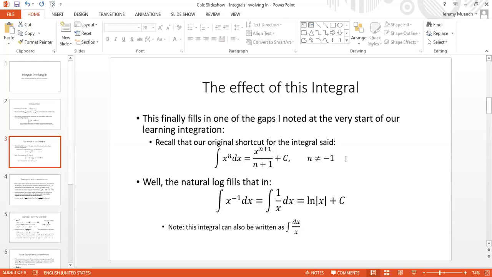But if you're working in many disciplines, all hard sciences, and at least economics, and probably others as well, there are going to be times when you want to deal with an accumulation of change, which is an integral, of something that's displayed as a fraction, which means that when we integrate it, we're going to get a natural log. Again, the integral of 1 over x dx is ln of the absolute value of x.